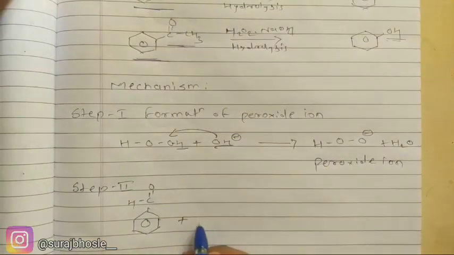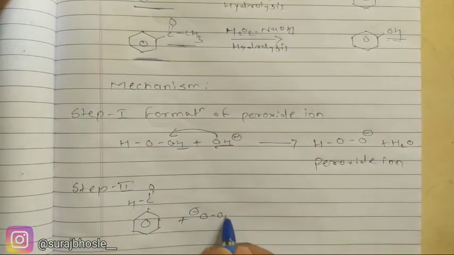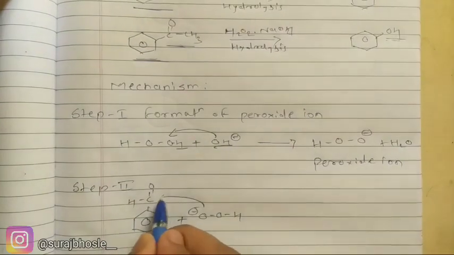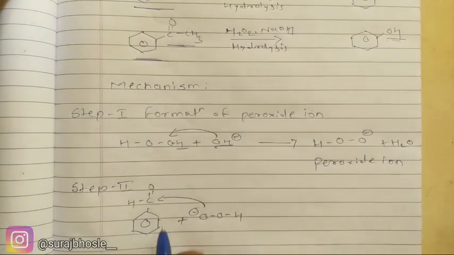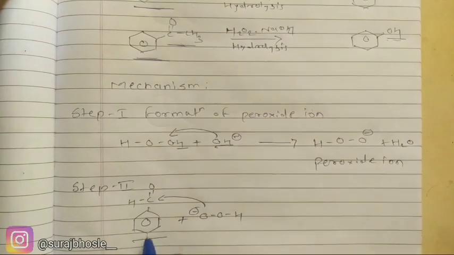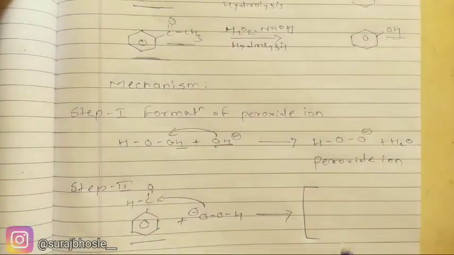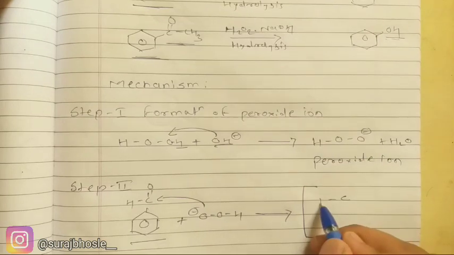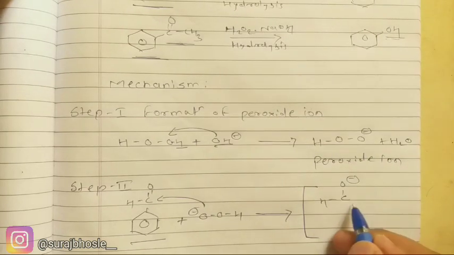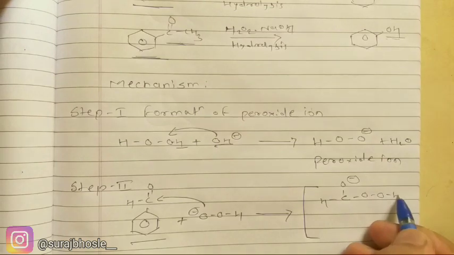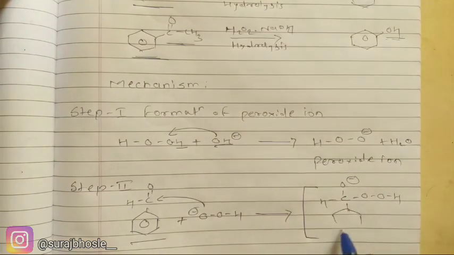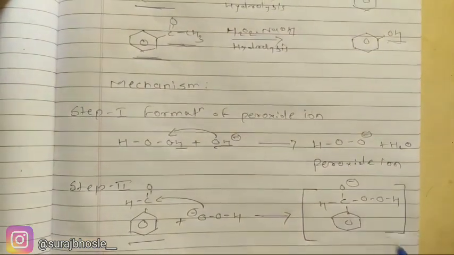The peroxide ion is going to attack the carbonyl carbon of benzaldehyde, which will lead to the formation of a peroxide intermediate. The peroxide intermediate looks like this. This peroxide intermediate is formed in step 2.